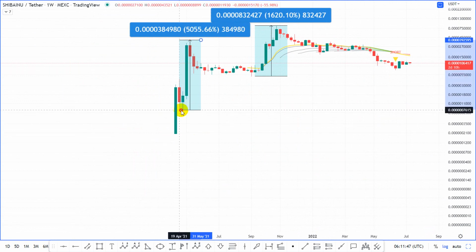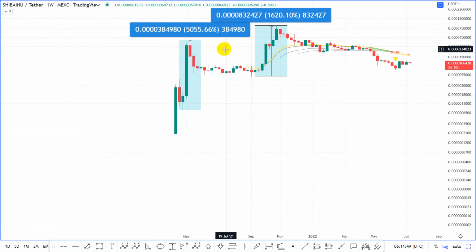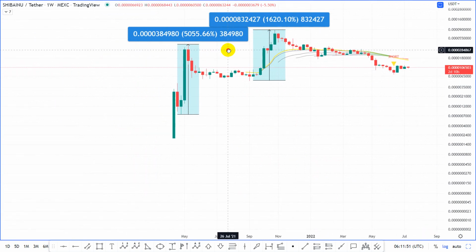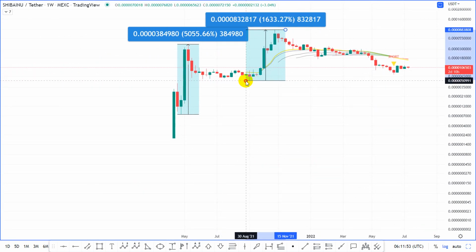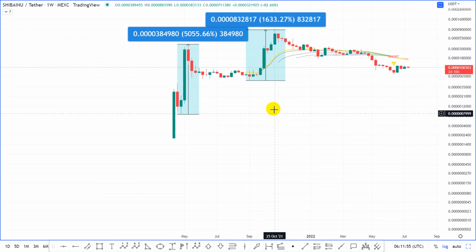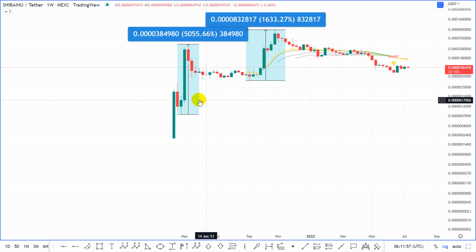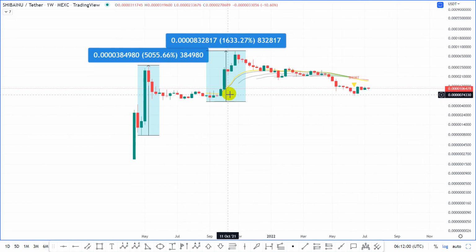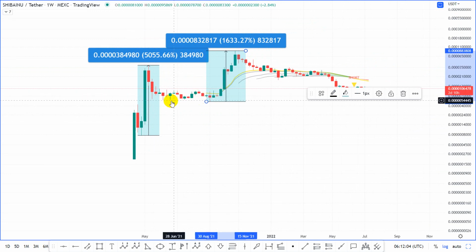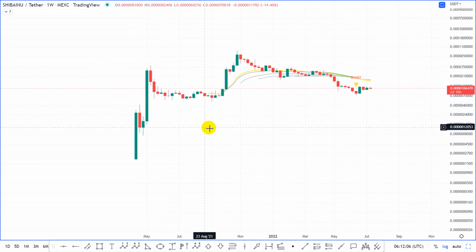It's actually like that, 5,000%. And over here, yeah. That's why I use the log scale, because it gives me a better representation of the actual price move, which one was bigger and greater. That's why I love it.